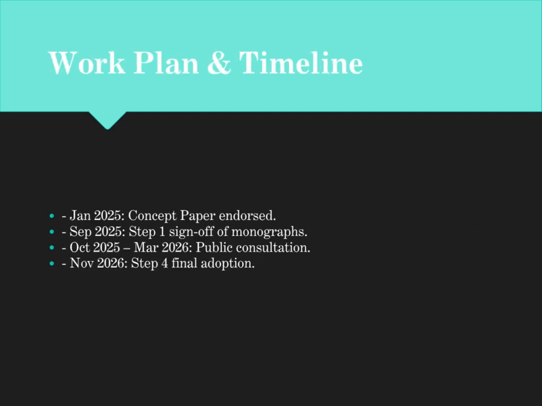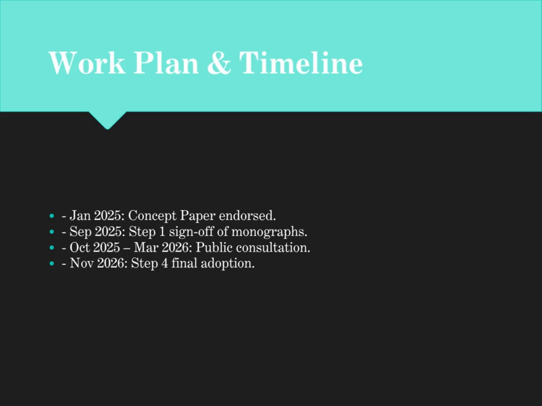The ICH Q3C R10 expert working group initiated the concept paper in late 2024. The following milestones have been set. July 2025, data evaluation and monograph drafting. September 2025, Step 1 sign-off of revised DMF, DCM, EG monographs and structural changes.